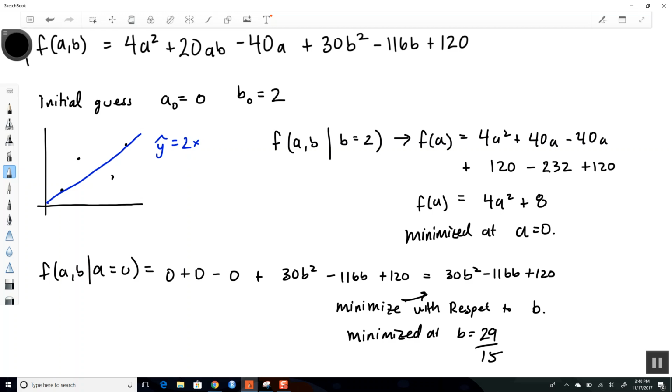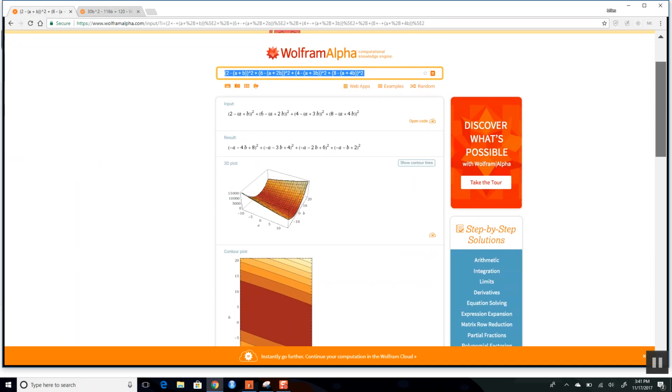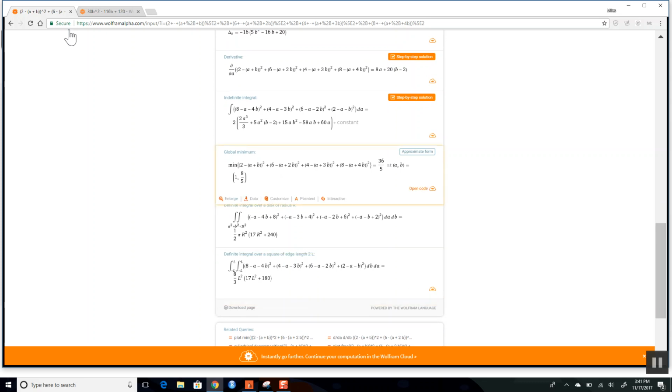And with least squares regression, there's only one minimum. You don't have to worry about getting trapped at a local min or max or something like that. And if we were to minimize the entire thing for least squares regression, we find that happens at a equal to 1 and b equal to 8/5, which is exactly what you would get if you plugged in your normal linear model least squares regression stuff for your slope and, I mean, slope and intercept.